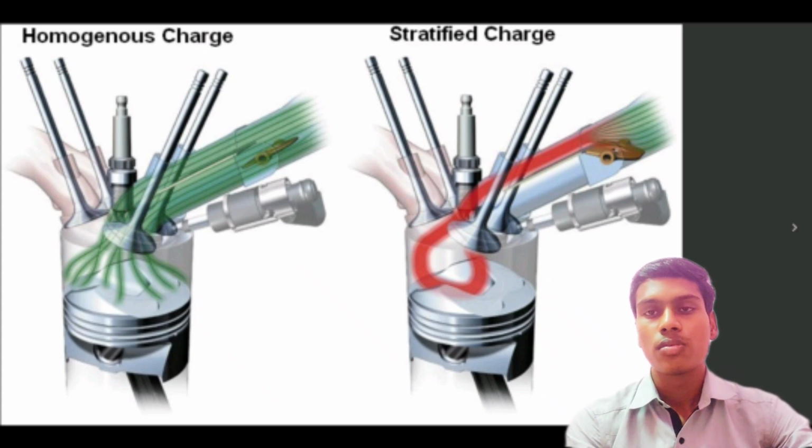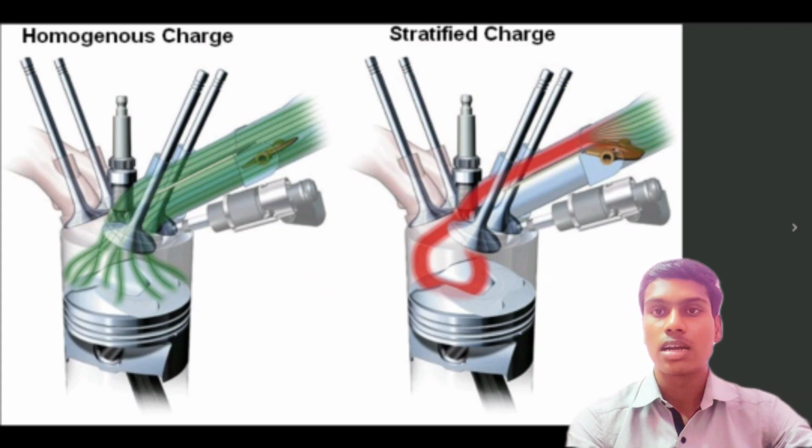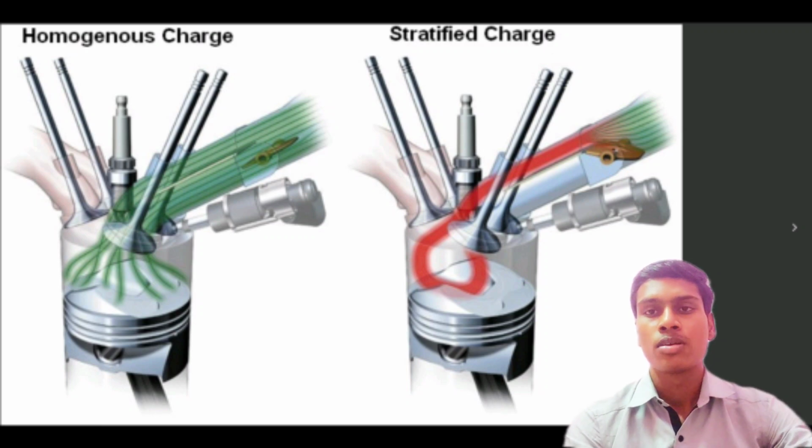So we have to inject the air fuel mixture at the correct time. If we fail, then NOx and soot particles will be produced in the SI engine. So it will violate the BS6 emission control norms. So it is one of the major disadvantages in this kind of stratified charge engine. And also we have to design a separate system which helps us inject the air fuel mixture at the correct time. So these are some disadvantages in manufacturing.